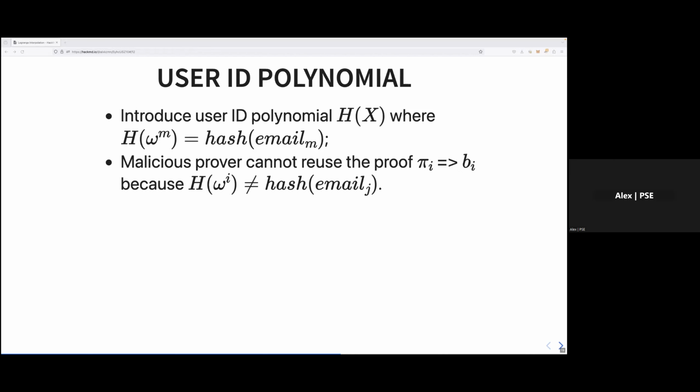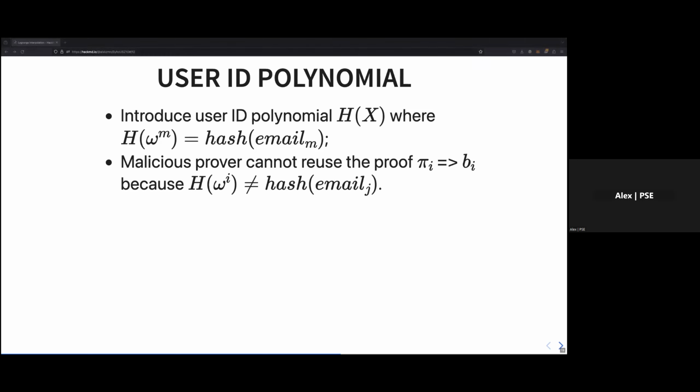And then you will be checking your proofs against two different commitments to two different polynomials: the proof for the ID polynomial and for the balance polynomial. Of course, you expect your ID to be the same for both polynomials, meaning that the X point for both polynomials should be the same, and the power of omega for both should be the same.